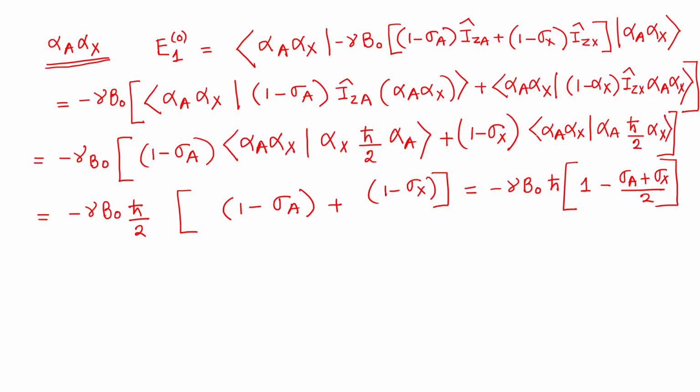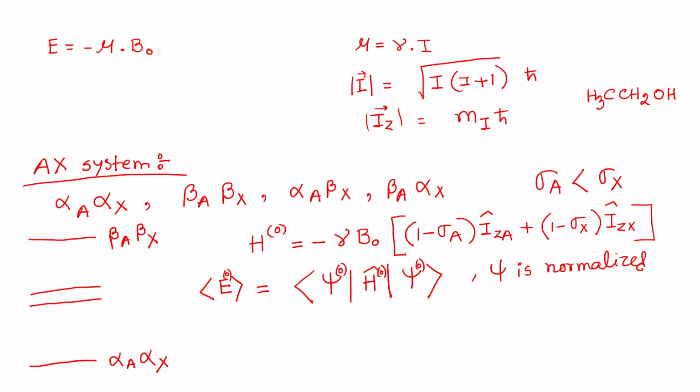Then the energy is 0, from this formula. Now when there is a B0, your energy is negative. That means it is being stabilized. When all the states were at, suppose, 0 here, then it becomes stabilized.